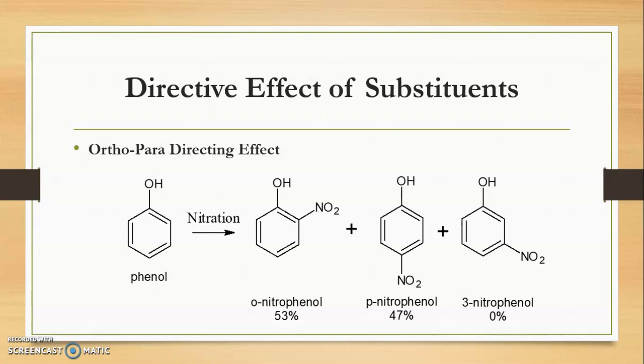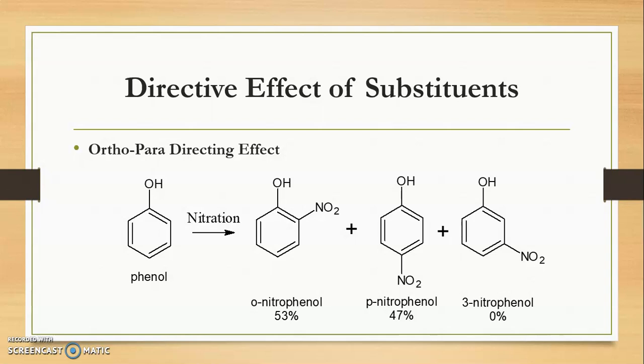So when the electrophilic substitution reaction of phenol is carried out, we get a mixture of ortho-nitrophenol and para-nitrophenol. Meta-nitrophenol is absent. In such a situation, the directive effect is known as the ortho-para directing effect, where the incoming electrophile is attracted towards the ortho position or the para position.